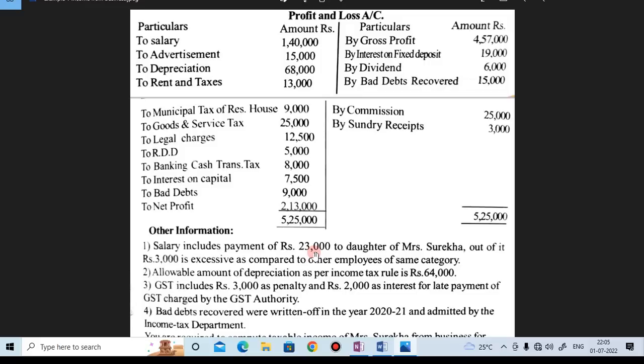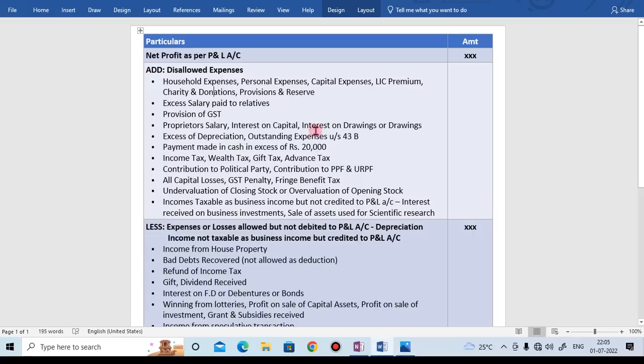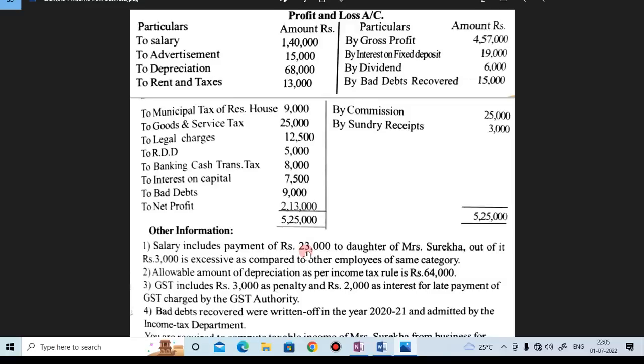So 3,000 is the excess amount. The excess amount is disallowed. This 3,000 is not related to business, so it is a disallowed expense.